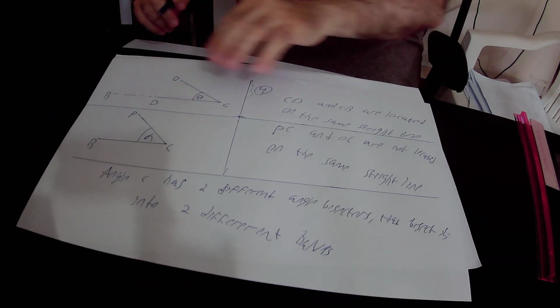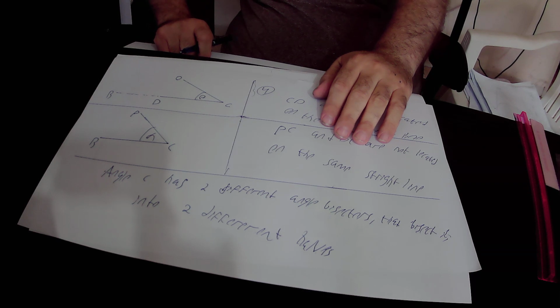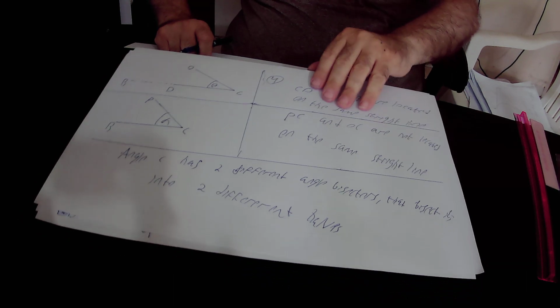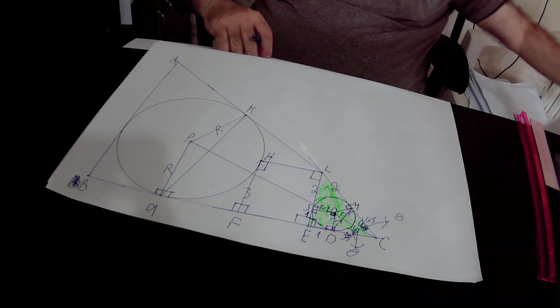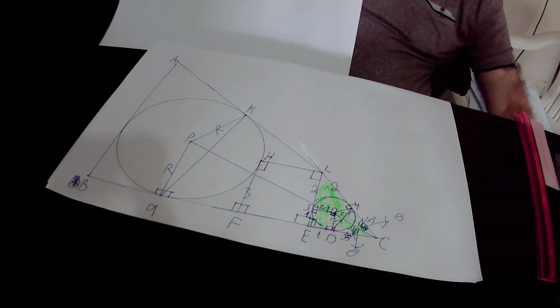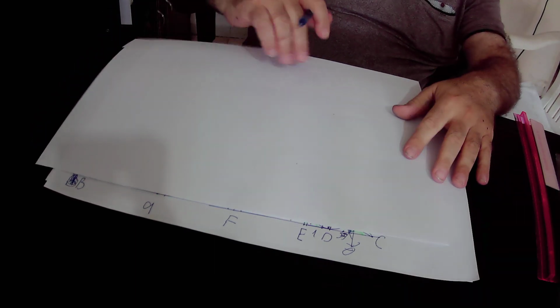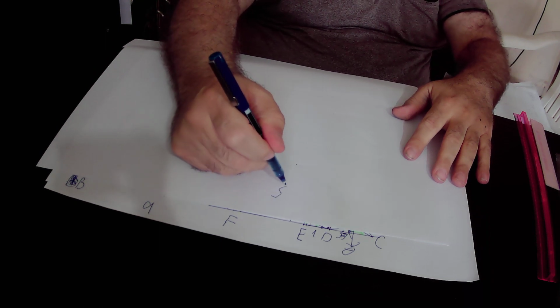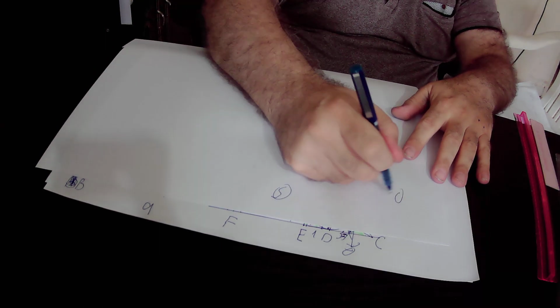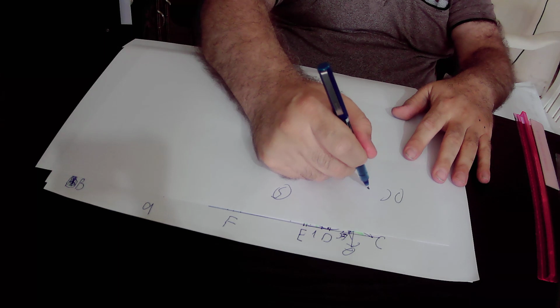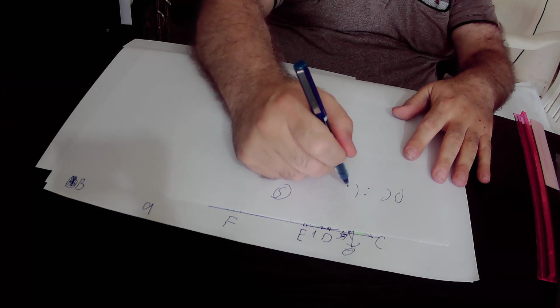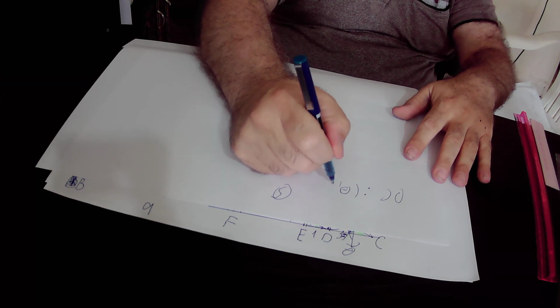We actually found out that angle C has two different angle bisectors that bisect it into two different halves, while the angle bisector OC bisects angle C into two halves that each equal theta, that is to say theta and theta.